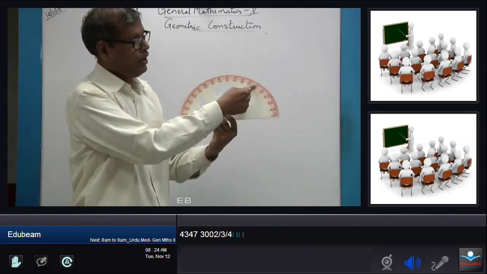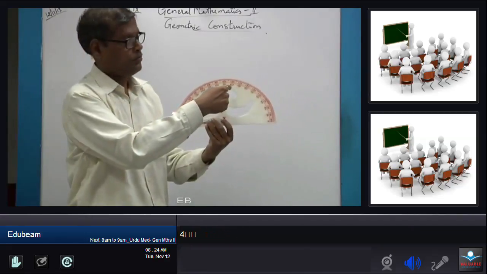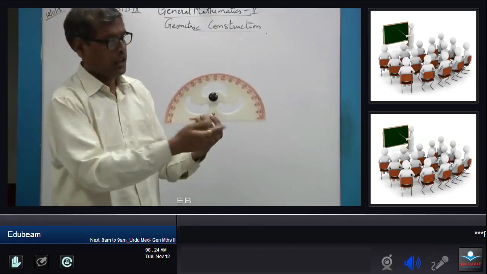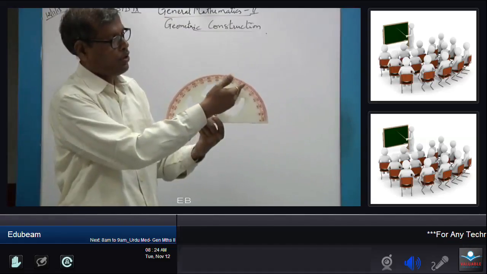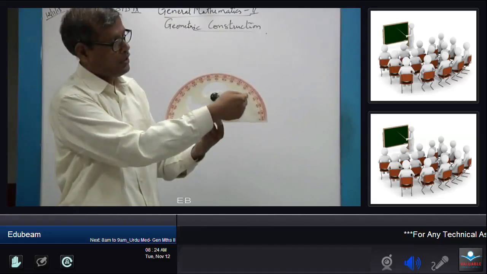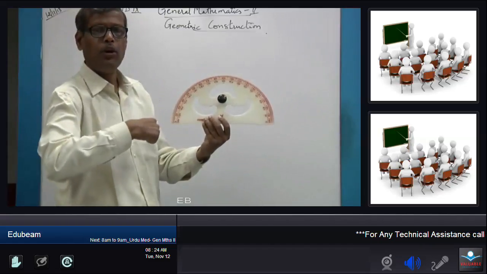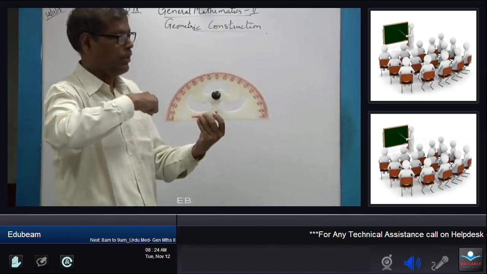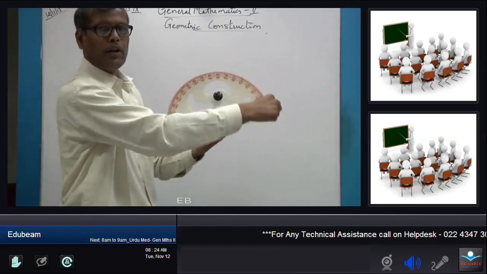Now this has to be very tight. It should not be loose. And one more thing is that this pencil, what you are going to insert it in, it should be pointed. And second thing, you require these two things to touch each other.